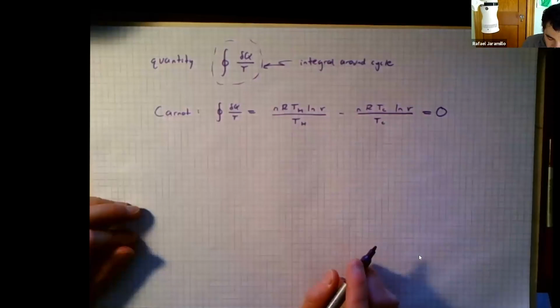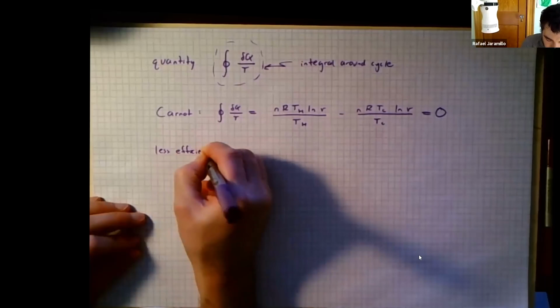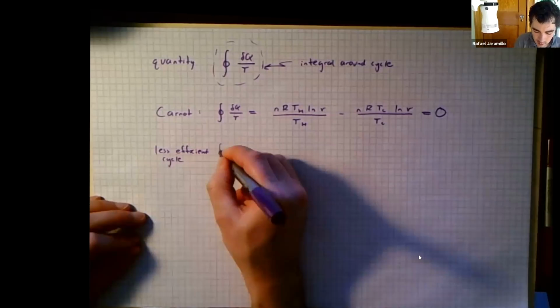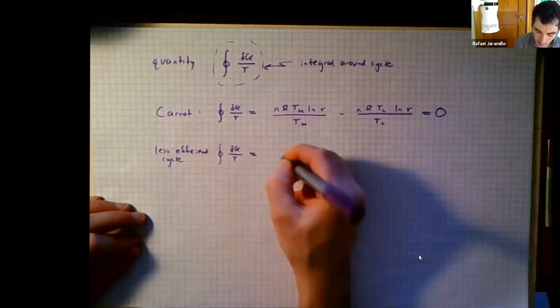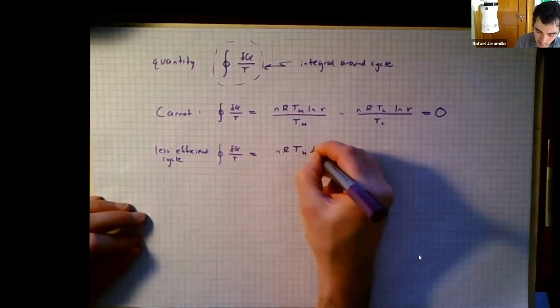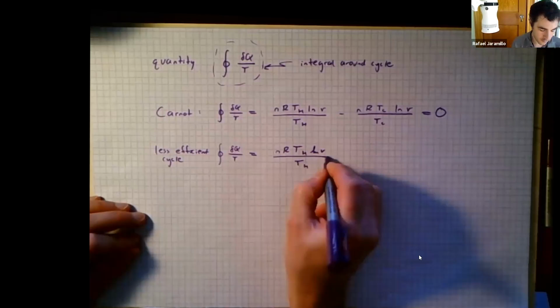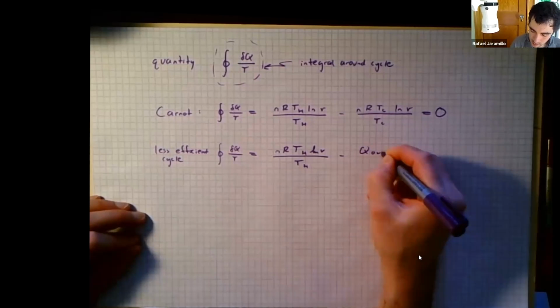For a less efficient cycle, the integral of dq over T equals nRT_hot log v over T_hot minus Q_out over T_cold.